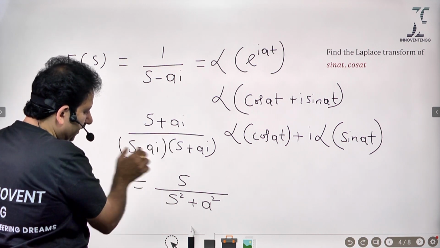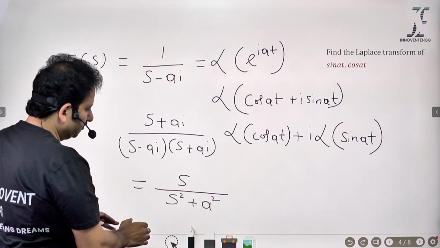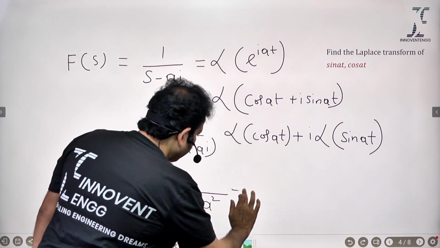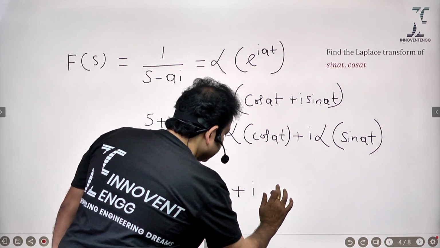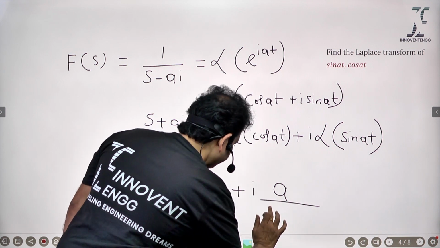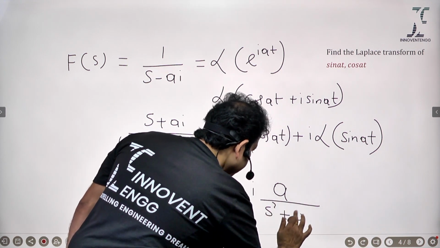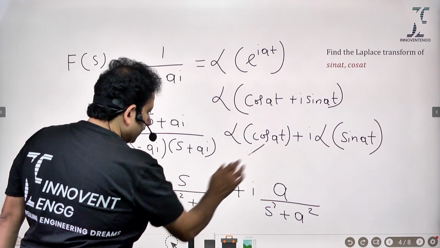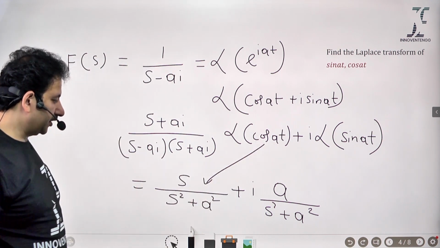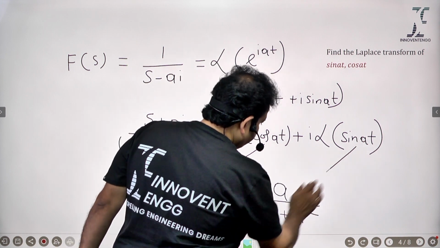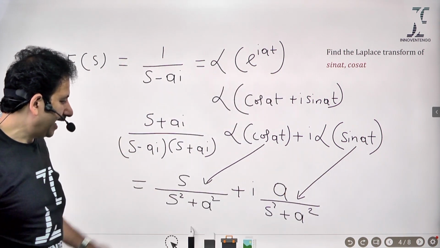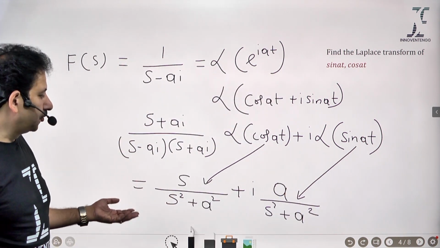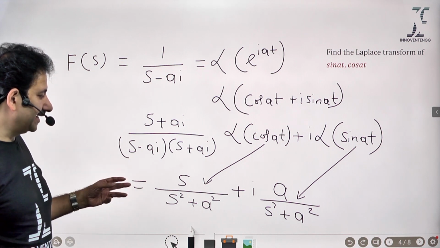If I divide the numerator by the denominator, I'll get two terms, obviously. s by s square plus a square, plus one more term, the imaginary term, which is a by s square plus a square. Now isn't it obvious that I'm talking about the Laplace transform of cos to be this, and the Laplace transform of sine to be this? Absolutely easy and clear. No labor was spent in integrating, right?